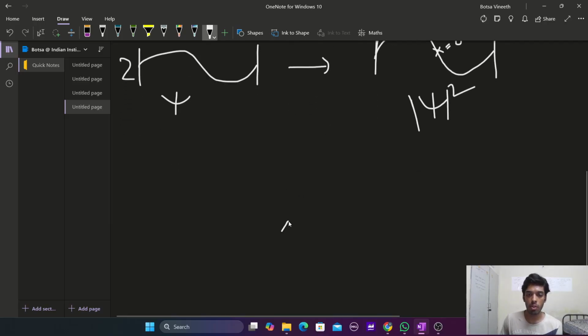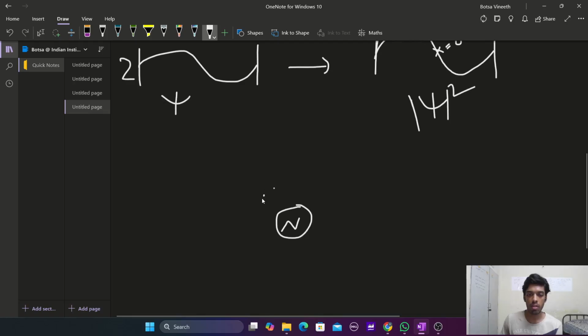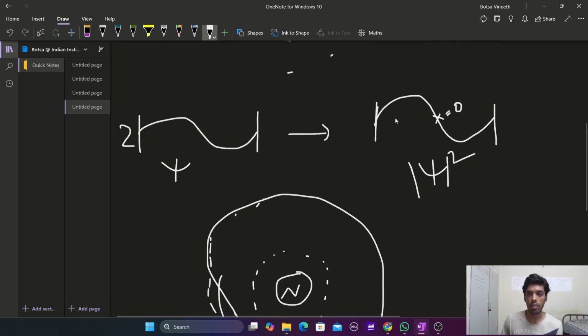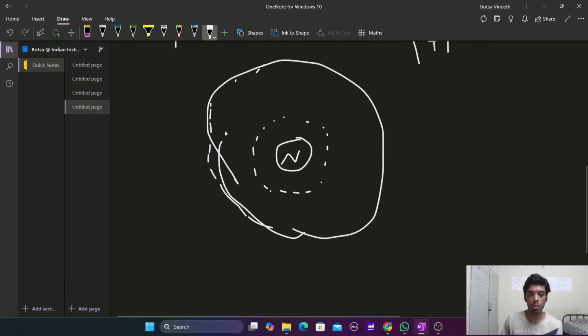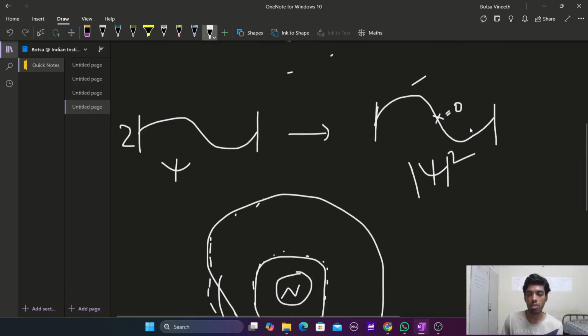So let's map this onto our model nucleus. We have two peaks. Let's draw the two peaks, one, two. These are the two peaks, with a node in between. Sorry, my mistake, it's actually top, not bottom.